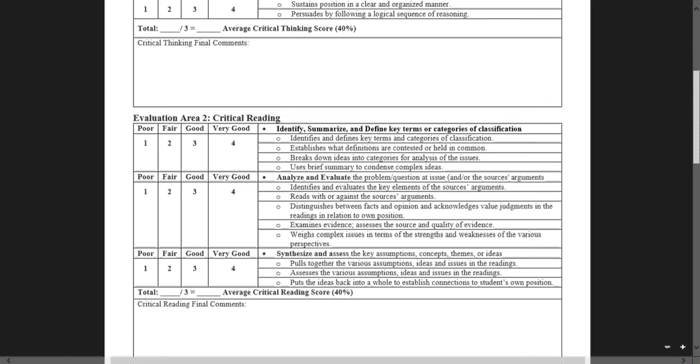Are the authors using different definitions, or are they connecting their definitions of key terms or different words that maybe they're thinking of the same kinds of things? Do you break down those ideas, and are you showing the reader what those ideas mean? So you definitely want to tell us a little bit about what those key terms are, right? That's part of the definition. Again, here's the analyze and evaluate.